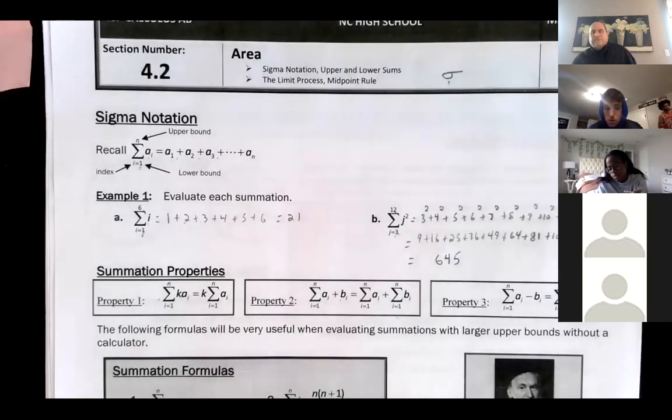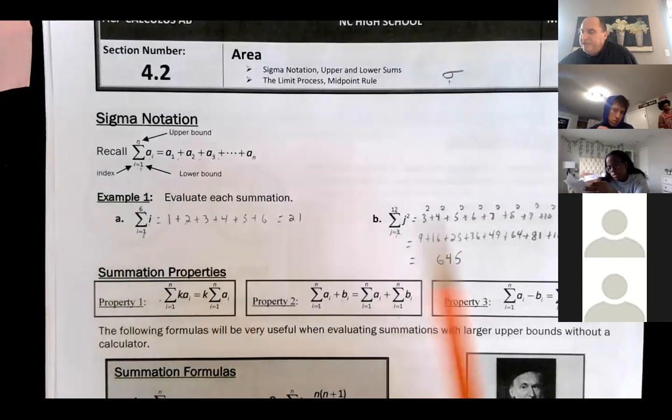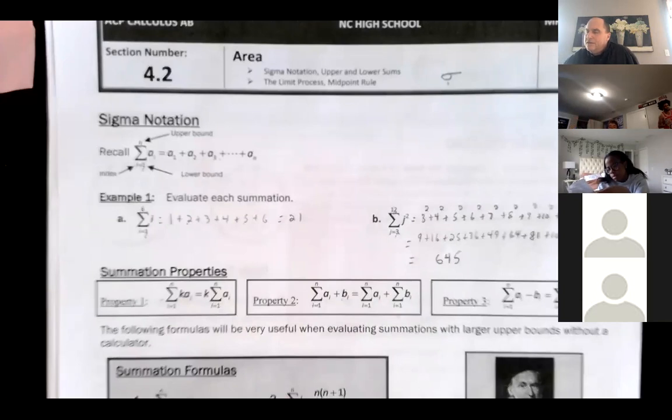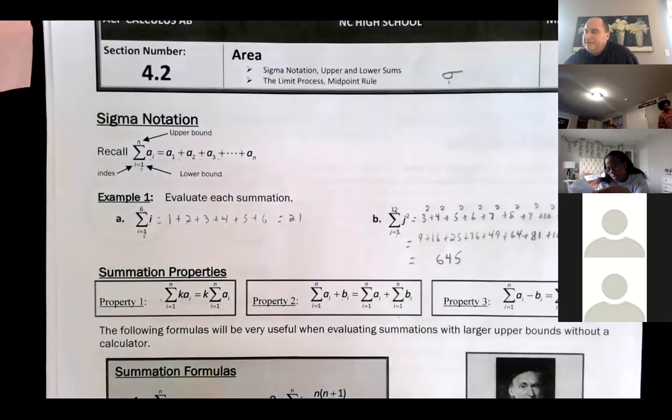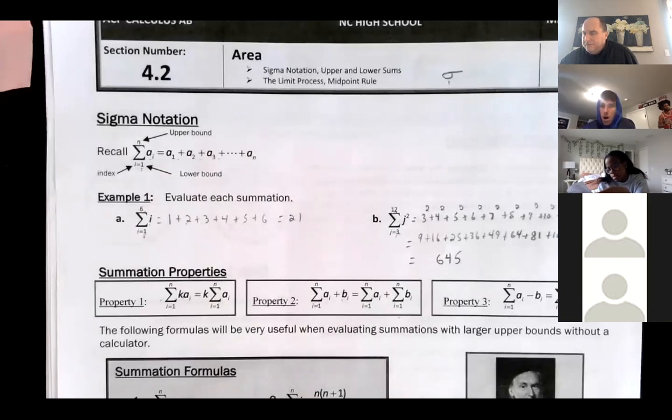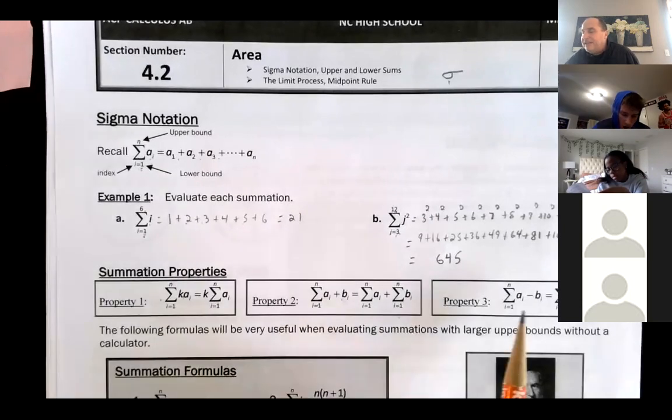So in addition to being able to calculate a sum using summation notation, we are going to get into some formulas that make some messy ones a lot easier to do. And I've shared those with you in your notes here. By the way, these properties that you see are the same properties that we did with derivatives, antiderivatives, limits.